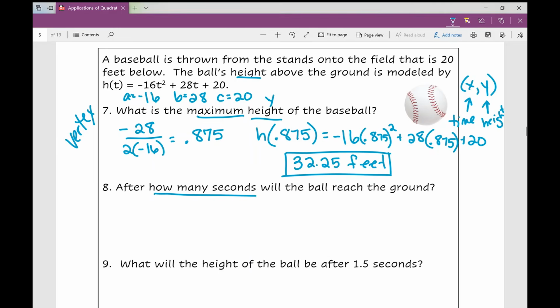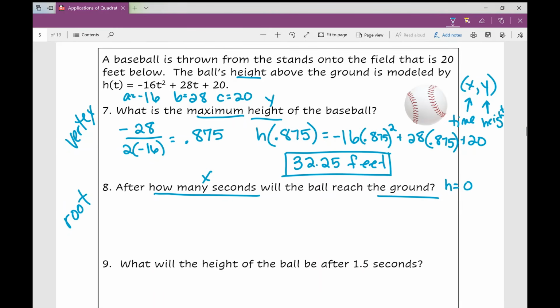After how many seconds, all right, that's t. In this case, I'm going to say x. After how many seconds will the ball reach the ground? Okay, that's when h is 0, or when y is 0. So I'm looking for a 0, or a root, or a solution, or an x-intercept.